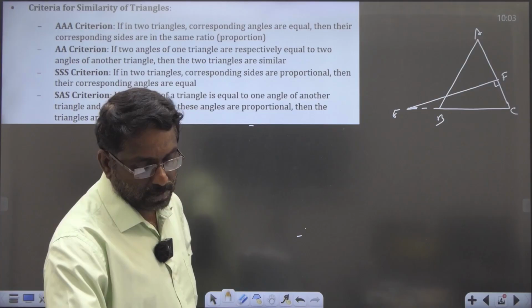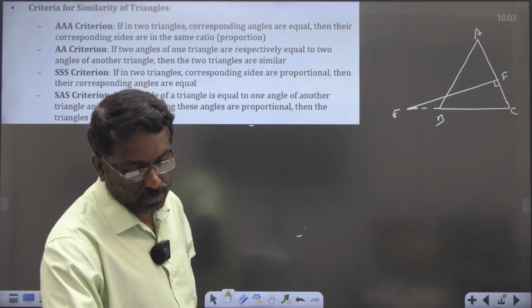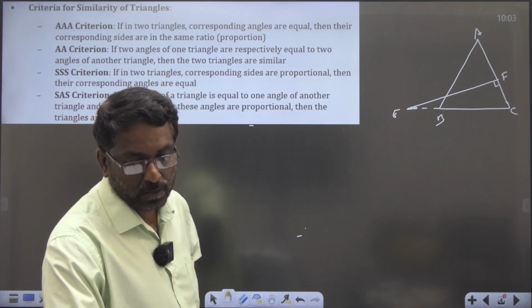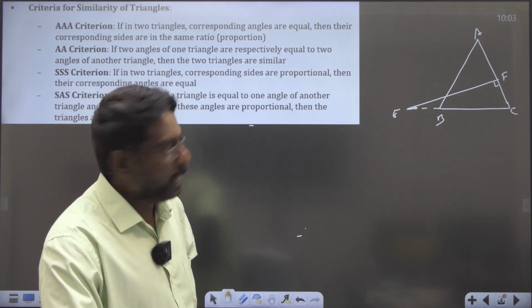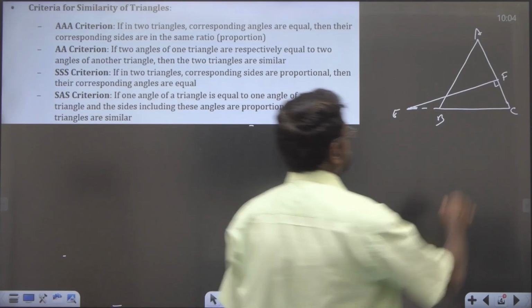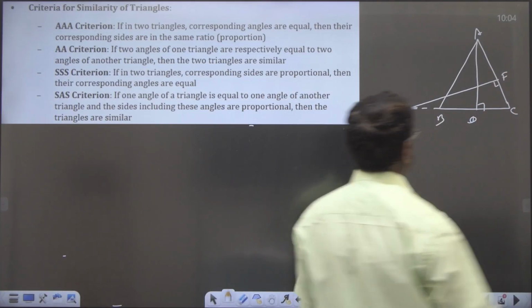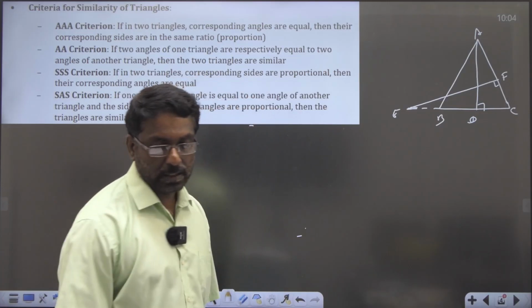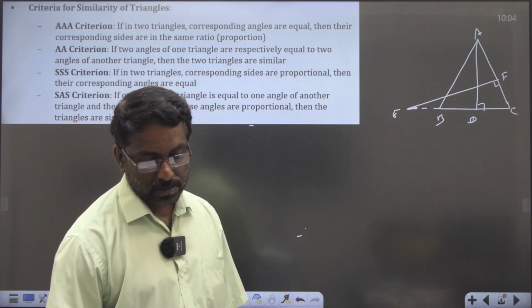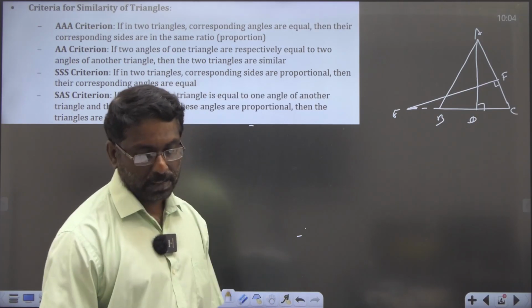E is a point on CB produced of an isosceles triangle ABC with AB equal to AC. If AD is perpendicular to BC, this is AD, and EF is perpendicular to AC.